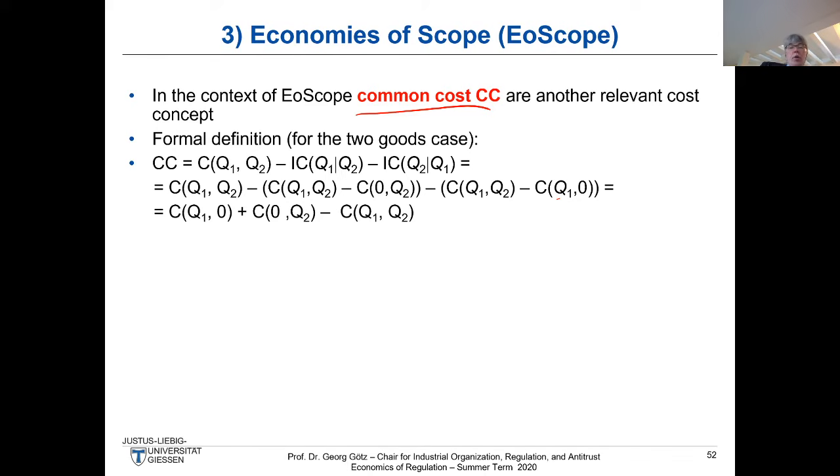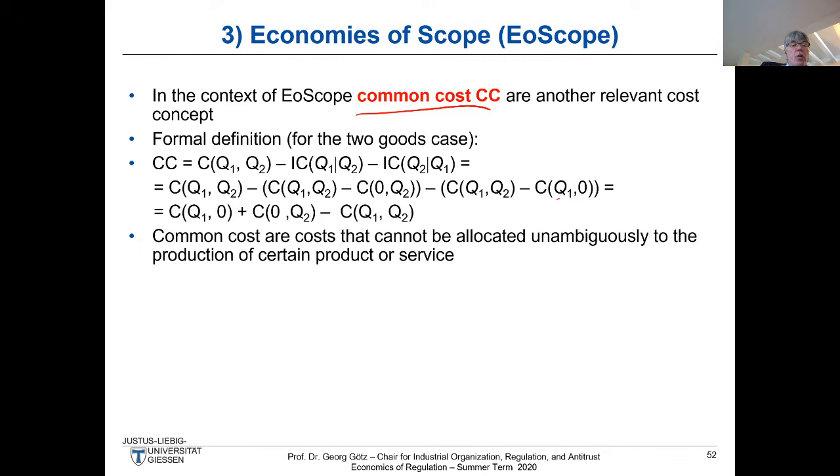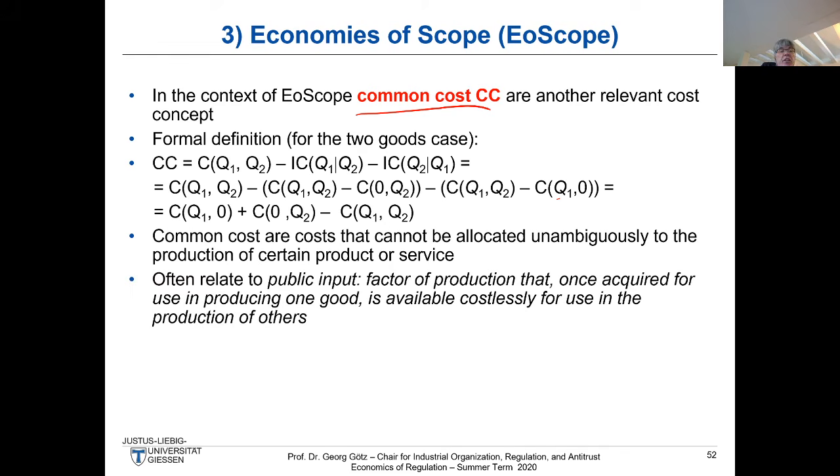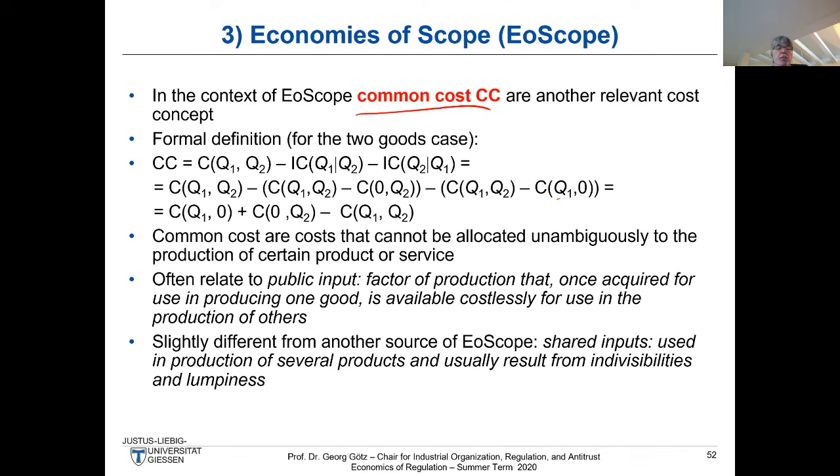The point, and I think this is what we explain here, is that the common costs are the costs that cannot be allocated unambiguously to the production of a certain product or service. Just think of cars. Typically, all these cars have the same engine in them. So you develop one engine for, say, 10 different models of car. This is like a public input.